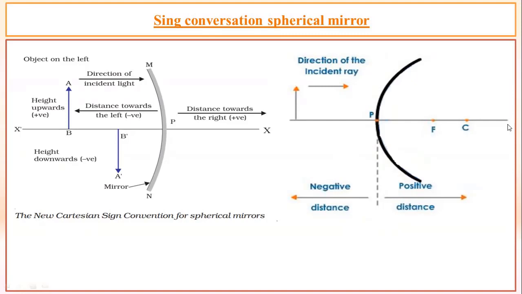Here, when we are discussing the sign convention, we will look at spherical mirrors, concave and convex. Before I go to the concept of sign convention, one simple thing I want to recall for you, which will help you understand it. Students, in maths, you all came across coordinate geometry.